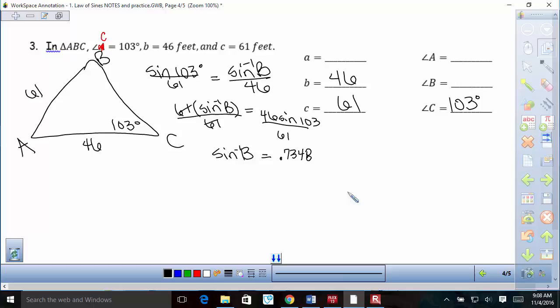And then take the inverse of that, and you're going to get angle B. So you do the -1 button now, and you get angle B is, what is angle B? 47.3?